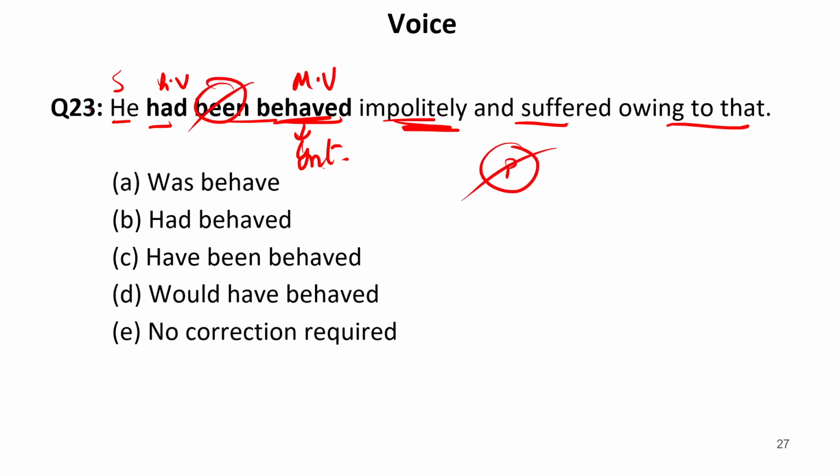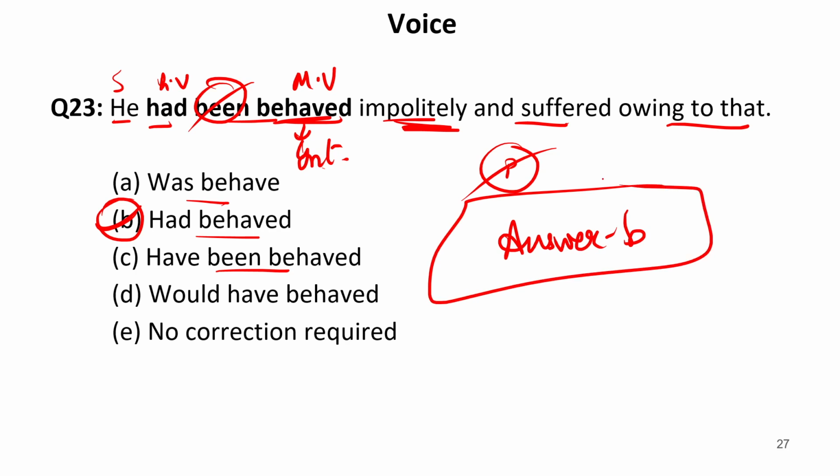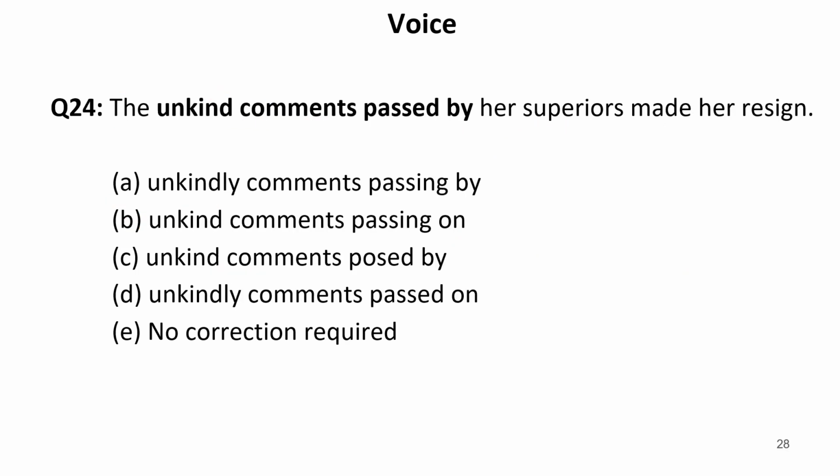Therefore, this been is incorrect. The sentence will be: he had behaved impolitely. Now let us see the options: was behaved, had behaved, had been behaved. Obviously B will be the correct answer. So our answer is B, because the verb behaved is intransitive and we need no passive for this sentence.